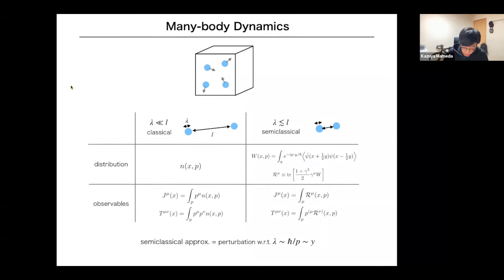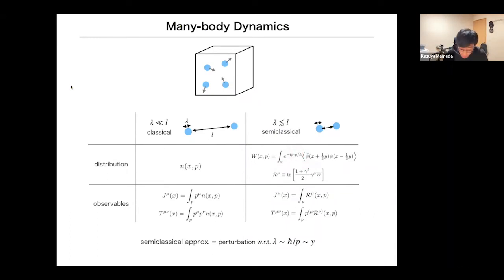And due to the de Broglie relation, this lambda is the same as h bar over p, the momentum. From this expression, y appears here.